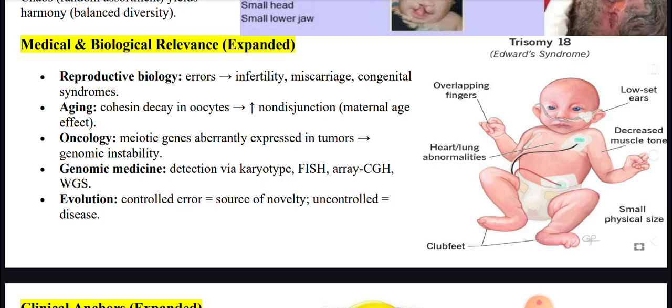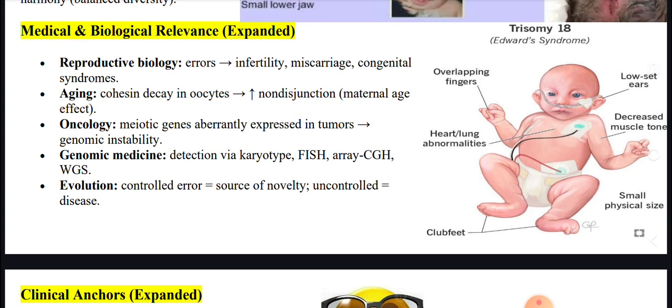Array comparative genomic hybridization, array CGH, is brilliant for detecting tiny deletions or duplications, those CNVs we mentioned, across the entire genome by comparing patient DNA to a reference sample. And increasingly, we're using high-resolution whole genome sequencing, WGS, to map out not just number and structure, but the exact sequence and even epigenetic modifications, giving us an incredibly detailed picture of meiotic outcomes. The technology has really caught up to the complexity.